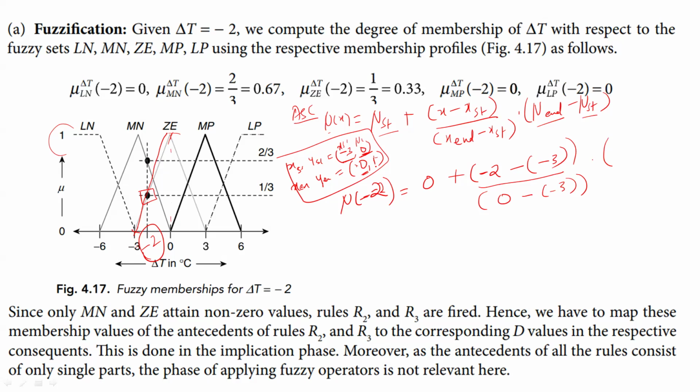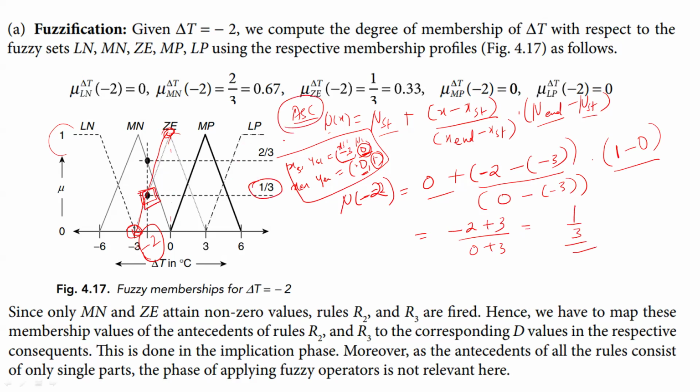Mu end is nothing but 1 and mu start is 0, because you know that the starting location is here and the ending location is here. So first we have to write the ending location minus the starting location of the y direction. Finally we found that this is 0 and this is 1, so we can ignore these. So finally we have minus 2 plus 3 and 0 plus 3. It is nothing but 1 by 3.